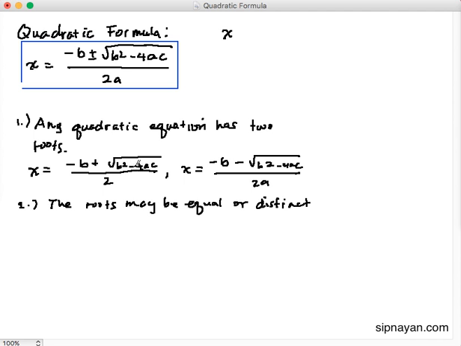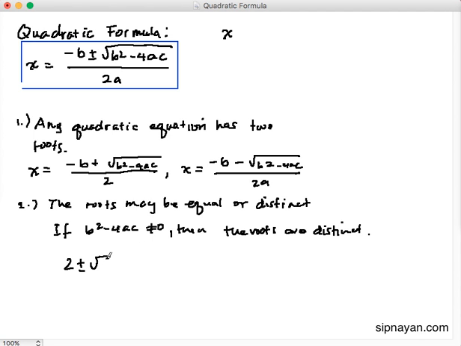So, if b squared minus 4ac is not equal to 0, then the roots are distinct. Kasi may value ka, for example, 2 plus minus square root of 3. So, dalawa yung roots natin because b squared minus 4ac, ito yung b squared minus 4ac natin, it's not equal to 0.